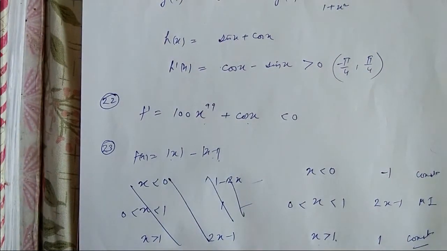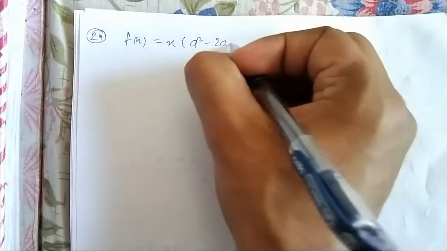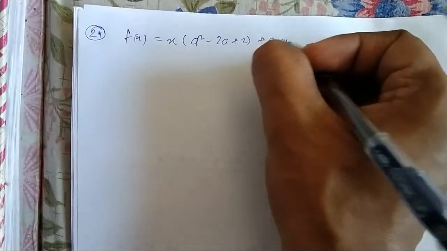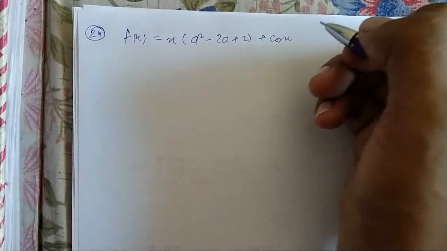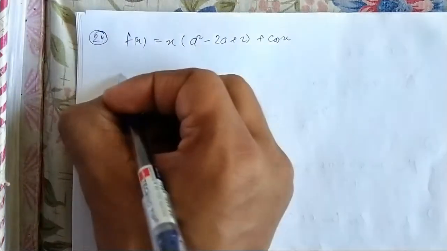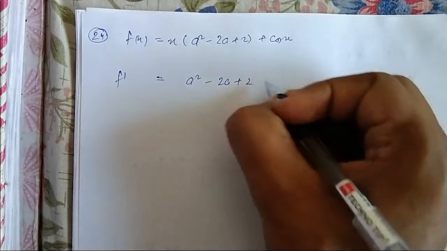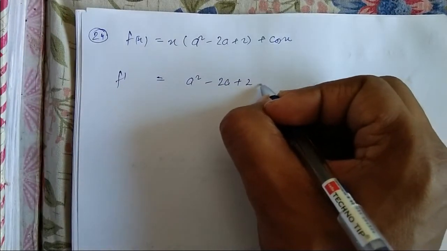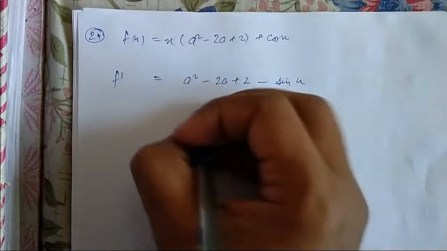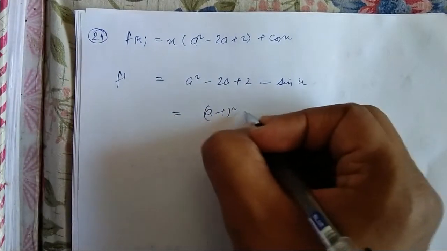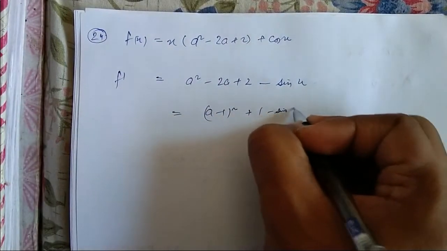Okay, moving to question number 24. For what values of a does the curve fx equal to x times (a square minus 2a plus 2) plus cos x is always strictly monotonic? Okay, so let's calculate f dash first. It's a square minus 2a plus 2 minus sin x, which is equal to (a minus 1) whole square plus 1 minus sin x.